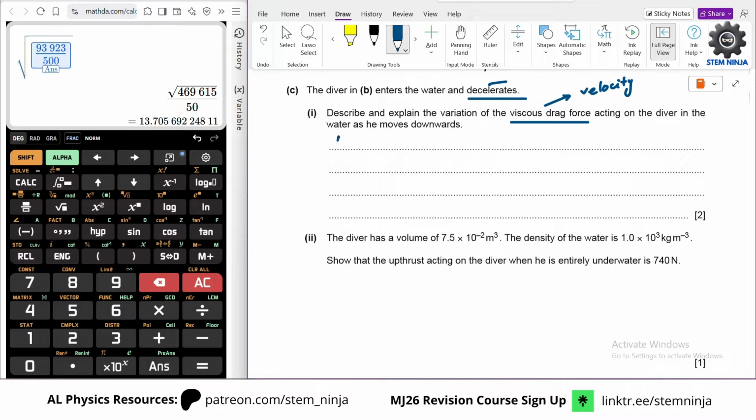So the diver decelerates, causing a decrease in velocity.